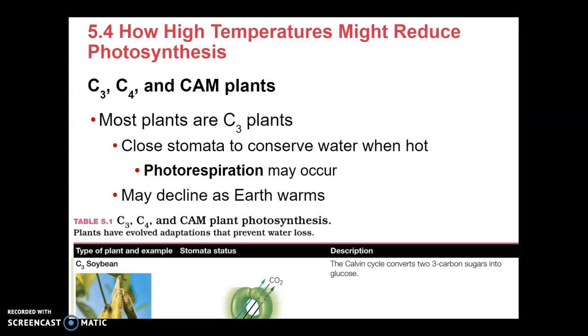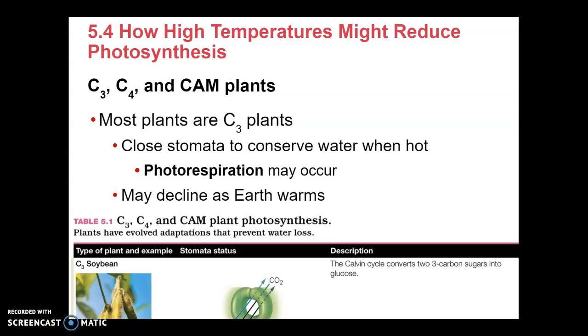And again, photorespiration is changing the starting ingredients. So instead of using carbon dioxide, they're going to use oxygen from the atmosphere to create those sugars in photosynthesis. My example was, instead of using sugar in your cookies, you're going to substitute it for salt.